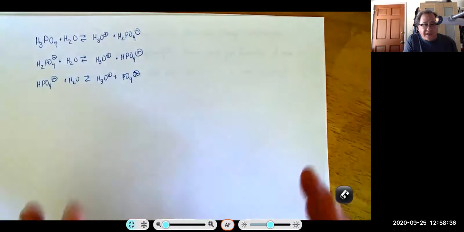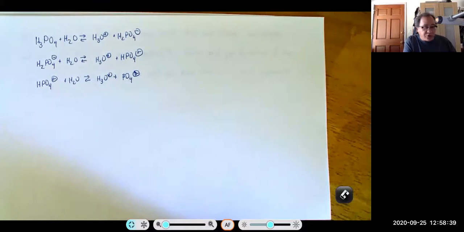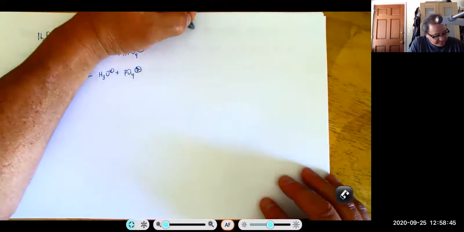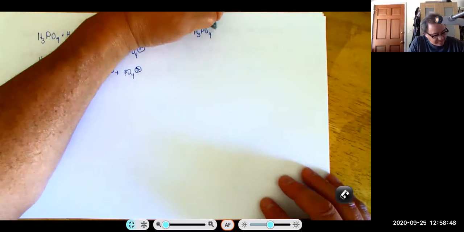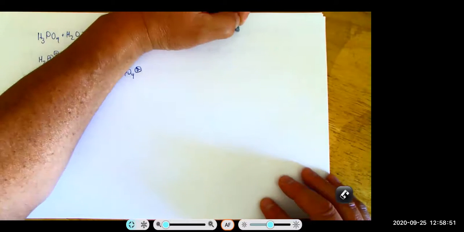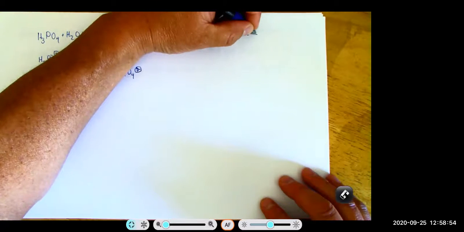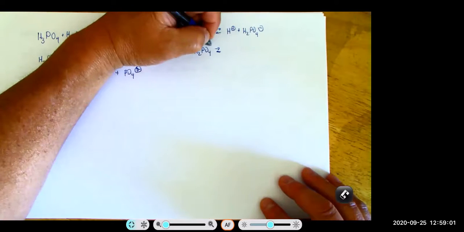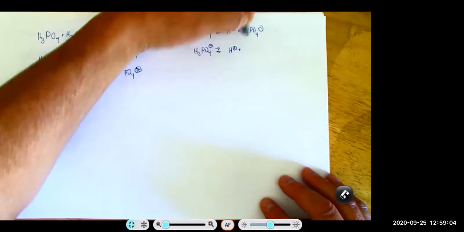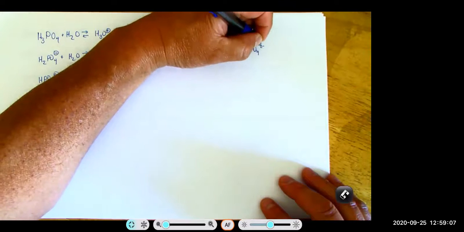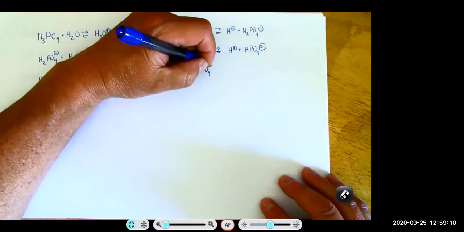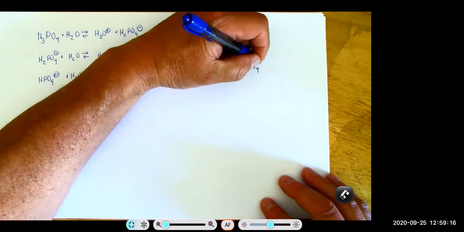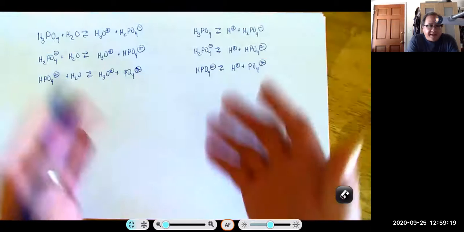What I'm about to write is what a lot of people just go to as a default because it means the same thing, but it's just easier to think about. These mean the same thing.